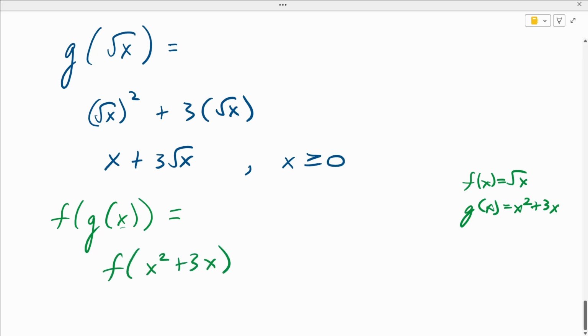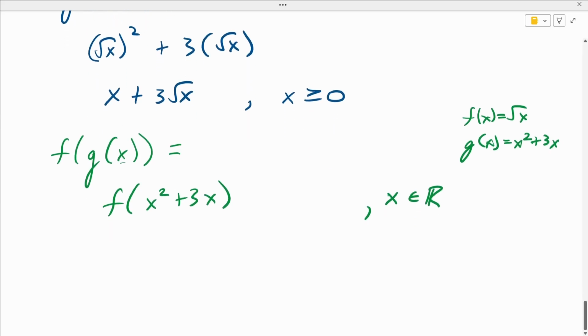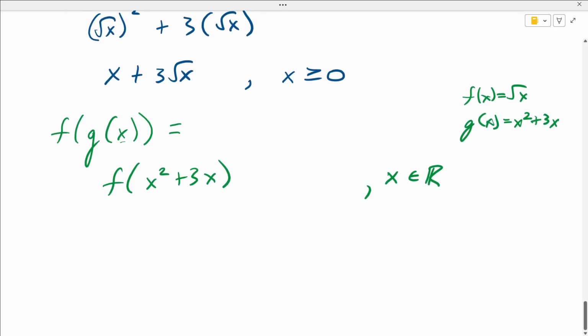Okay, now are there any restrictions on x at this point? No, there are not. Okay, x for g can be all real numbers. So far here, we don't always write it, but so far we have f of this input for all real numbers x. Now, f of x is the root of x.